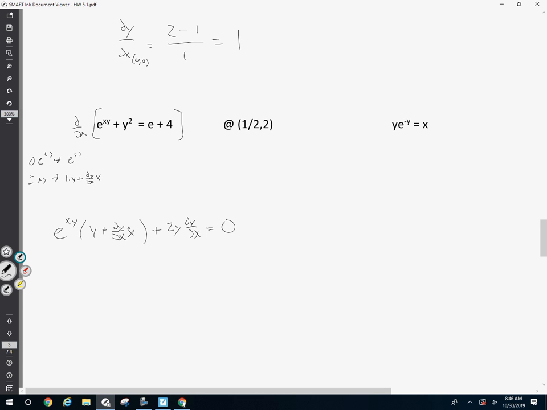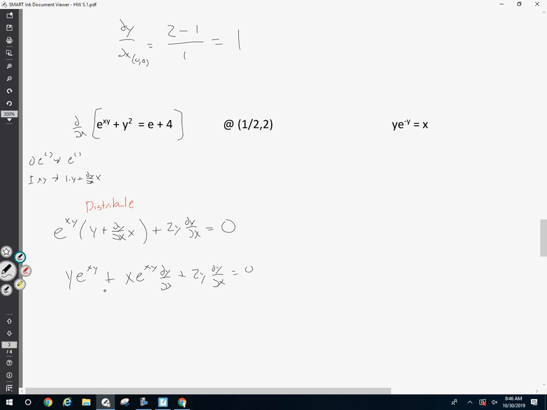Now I want to be able to factor out the dy/dx, but again, I can't because of these parentheses. Like this dy/dx is trapped inside, so I need to distribute, giving me y e to the xy plus x e to the xy dy/dx plus 2y dy/dx equals 0.